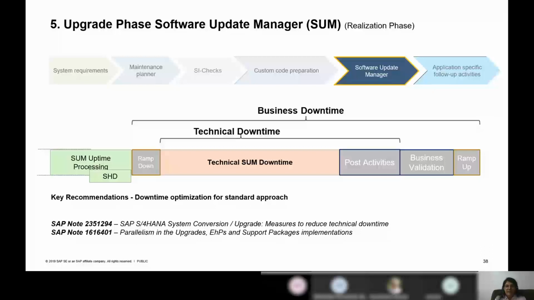So these are the note numbers which will help you to reduce your technical downtime. And of course, business validation and post activities are something which again can be controllable. And we can reach the level of a downtime where your business agrees and you can conceptualize on your project.